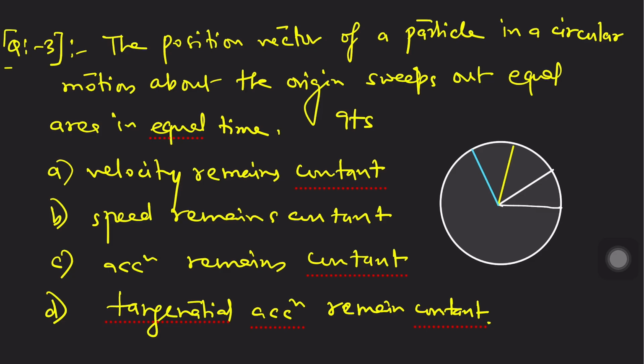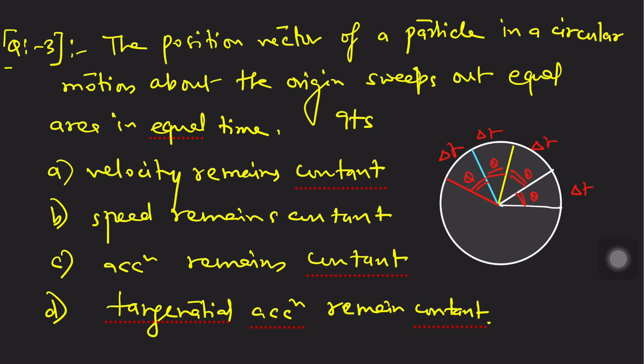I hope you're getting my point. If this is theta, this will also be theta, and this will also be theta, and if this is delta t, this is also delta t. So we can say it can be done with the given options.